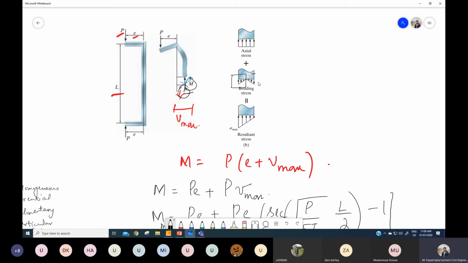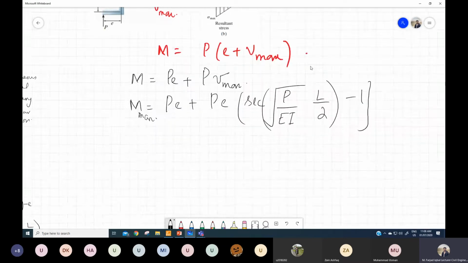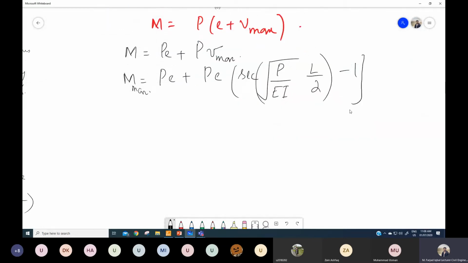If I want to calculate the maximum bending stresses, or the maximum stresses produced at any cross section of this column, we know the formulation of combined loadings, which we have already applied in the case of beams. That formulation was sigma maximum is equal to P over A plus MC over I, right?